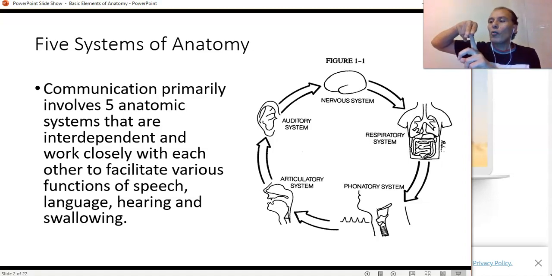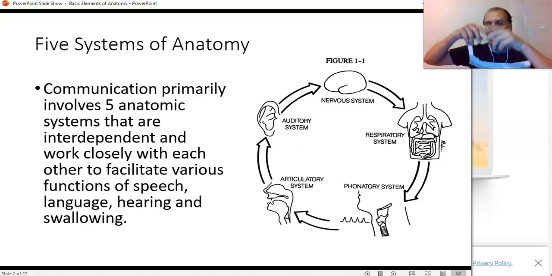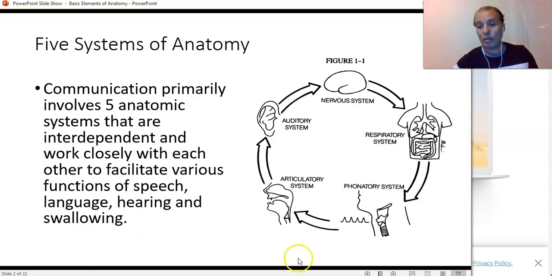And the air is going to force itself through the closed vocal folds, and that will be the vibration that we know as voice. So that is going to bring us to the phonatory system.